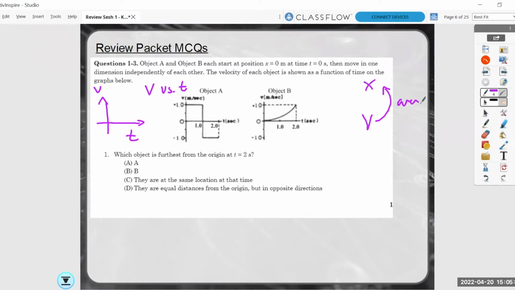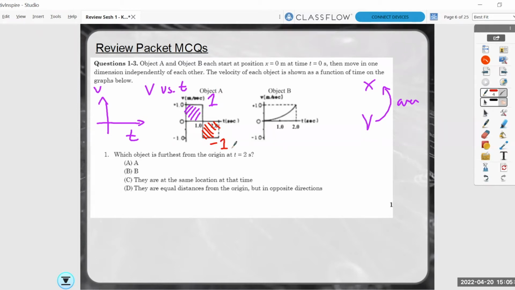And if I look at the second second for object A, it's now traveling backwards at -1 meter per second for 1 second. So I get an area of -1. Now, as it turns out, +1 -1 works out to be 0.